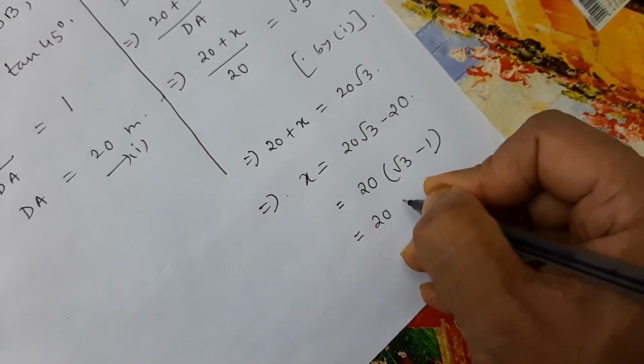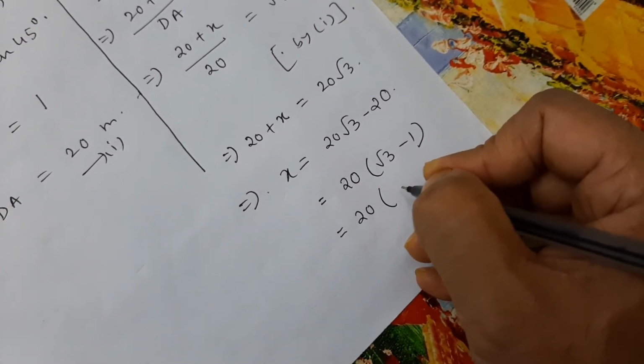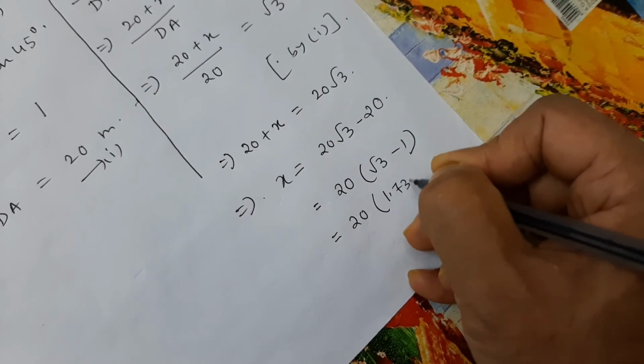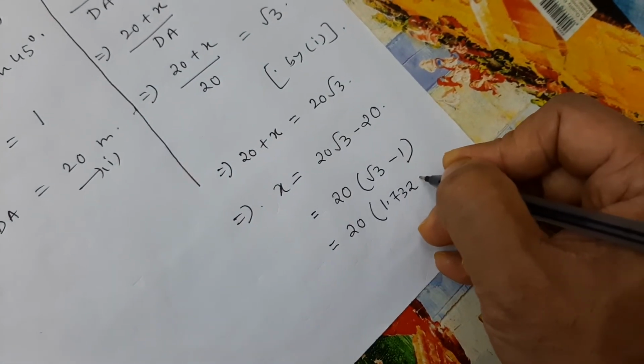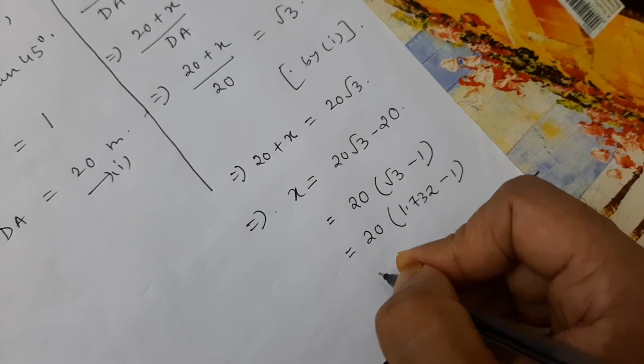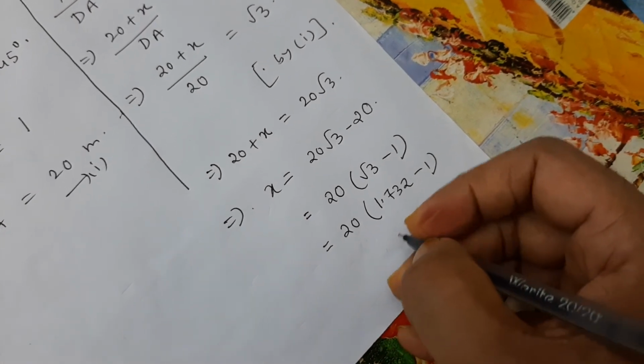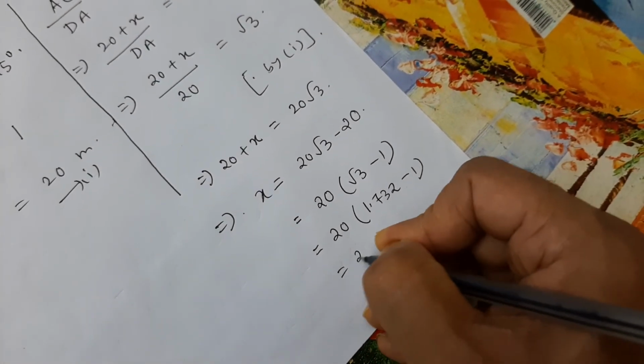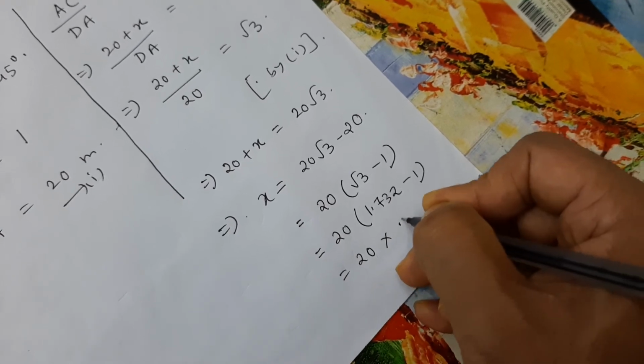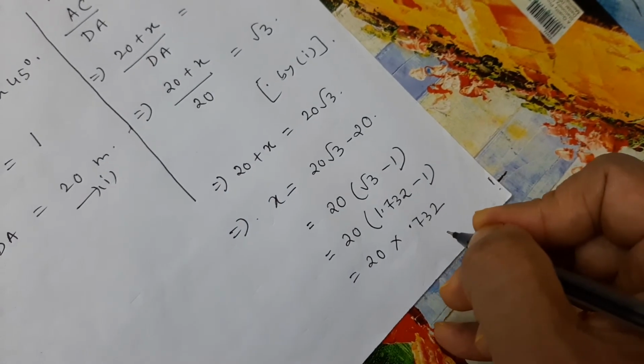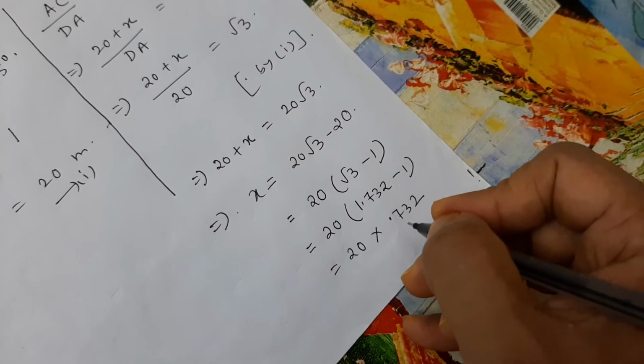So 20, and root 3 value we can use, root 3 is 1.732, minus 1. You remember this, root 3 is 1.732. So this is equal to 20 into 0.732. 1.732 minus 1 is 0.732.